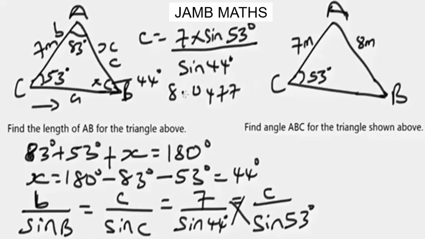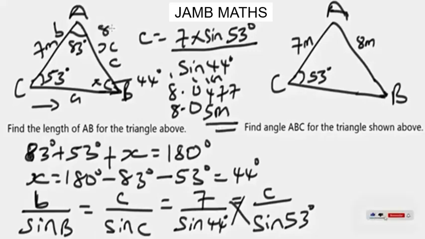If you want to leave your answer in 3 significant figures, this 8 is significant, this 0 is significant, this 4 is significant. The 7 that is after 4 is up to 5, so we approximate it as 1 and add it to this 4. So the final answer in 3 significant figures is 8.05. The unit is meters. So this side AB is 8.05 meters. It's as simple as that.